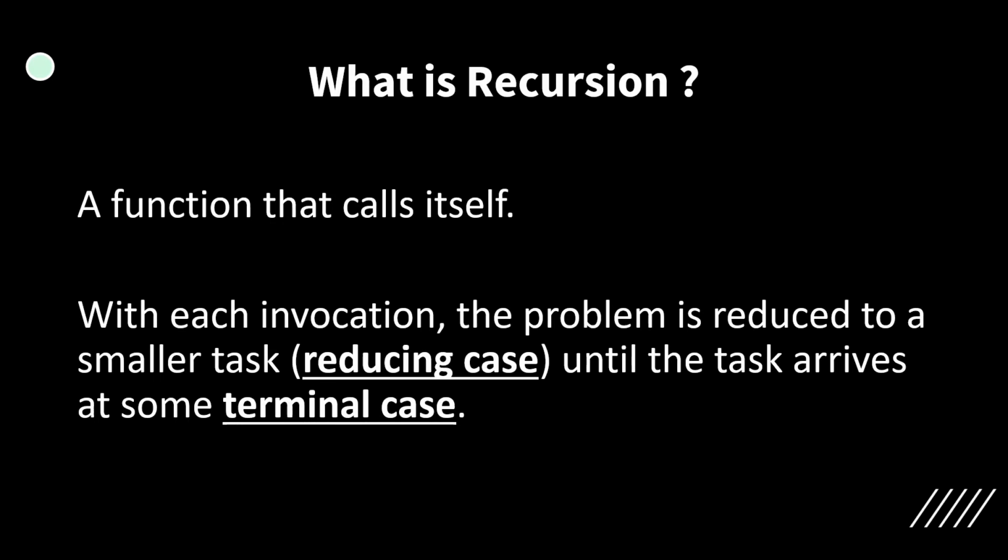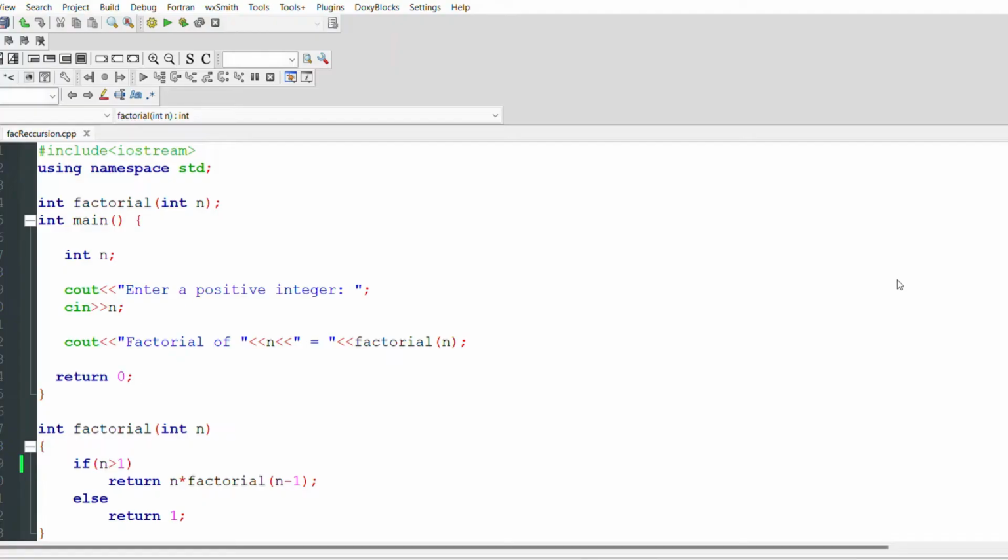Let's go straight to the example so you can get a clear idea about what recursion is and how to apply it to find the factorial of a number. This is the code we can use.